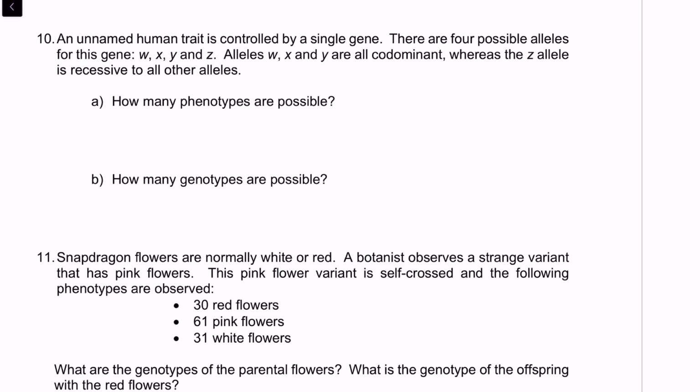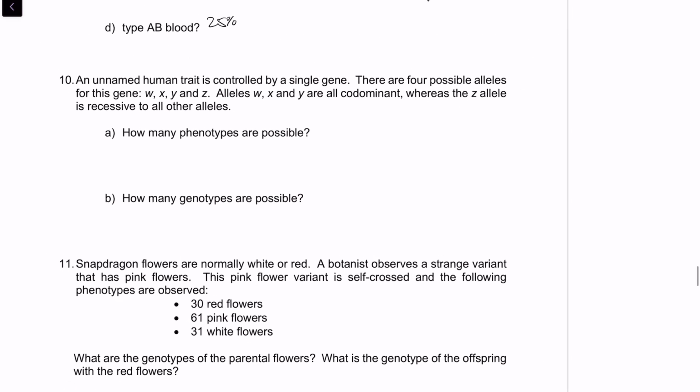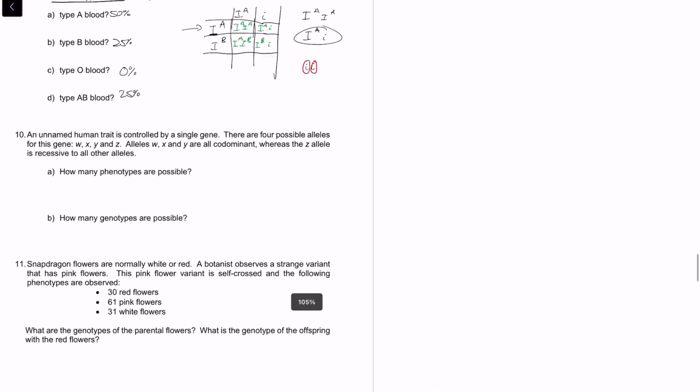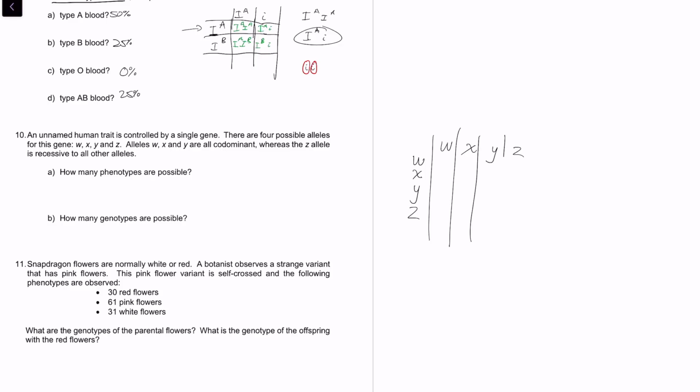Okay, so this takes a little bit of problem solving, but if we just give ourselves some space here and we think about the different letters here, and we try and do a table, sort of like a Punnett square, just bear with me here.